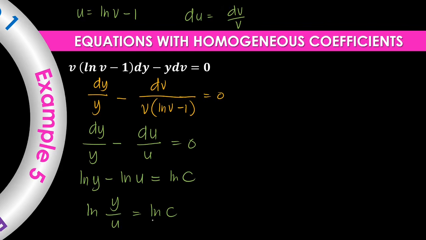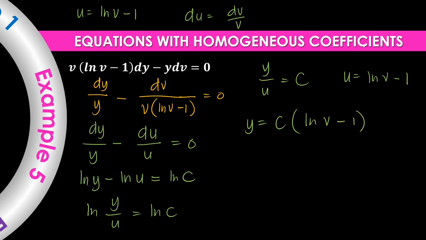So I can eliminate ln and write y over u equals the arbitrary constant c. So now to solve for y, I can multiply c by u. However, u is equal to ln of v minus 1. So that will be c times ln of v minus 1.